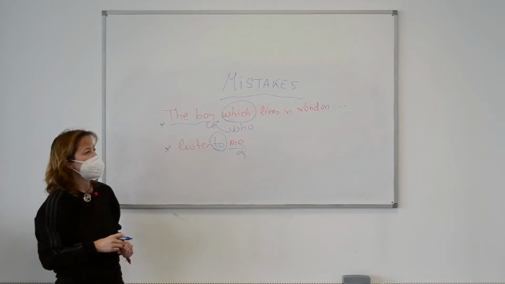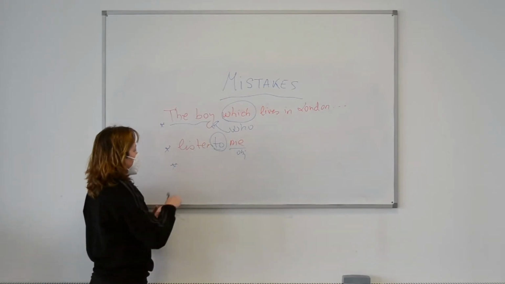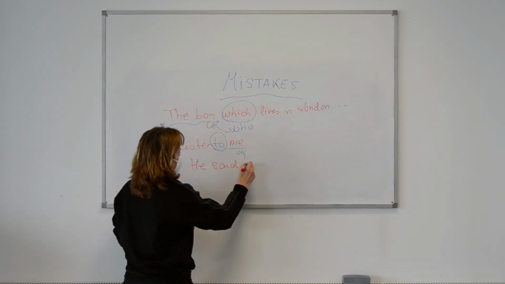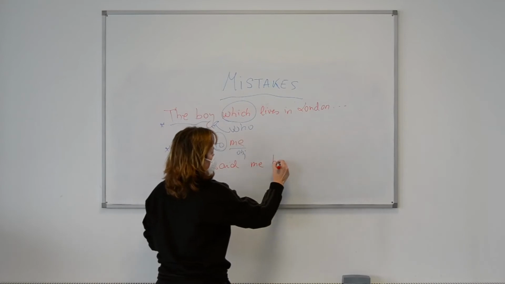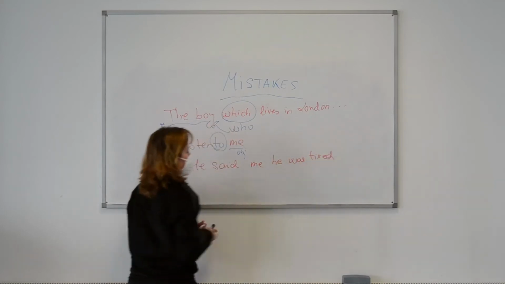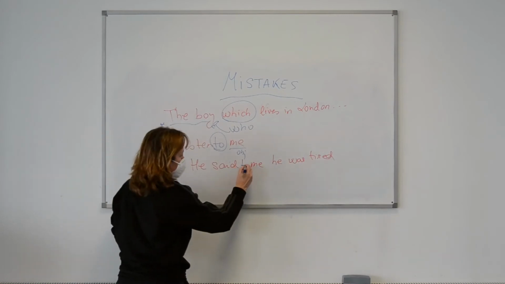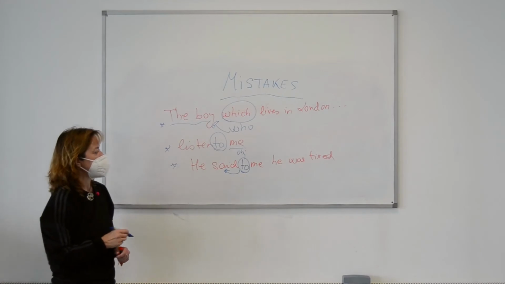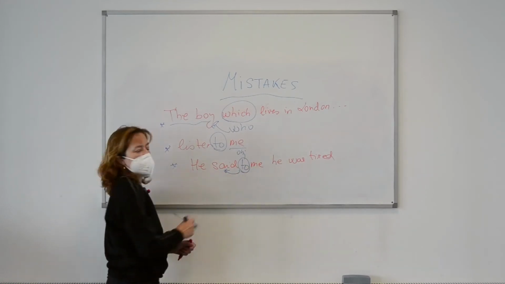The same happens, for example, in the sentence "he said me he was tired", a sentence in reported speech. In this case, we need the preposition to with the verb say: say plus to plus the object.